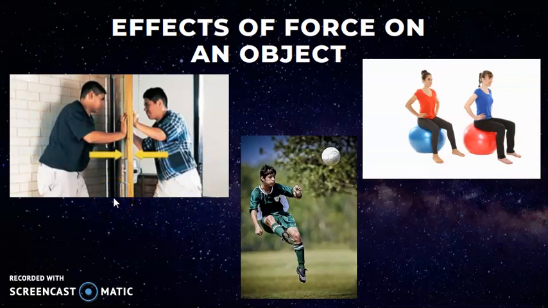So as you can see, force has a major effect on our body. Even when we are walking, we require force. There are various forces acting on our body. When we are doing exercises, various forces act on our body. When we kick a ball, we are changing the direction of the ball. For that also a force is needed.